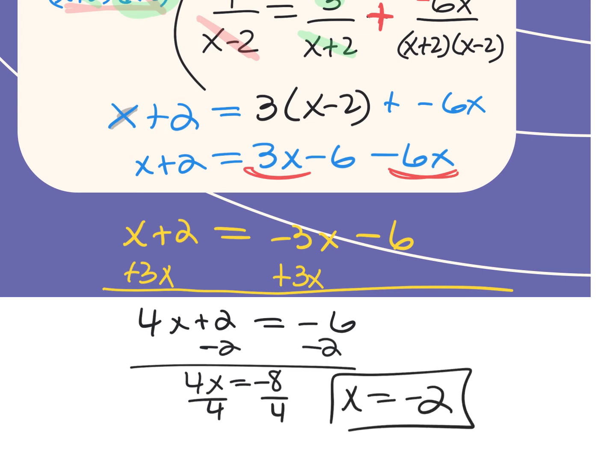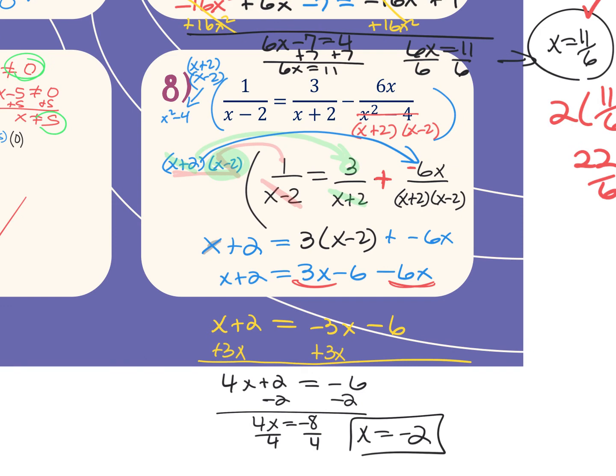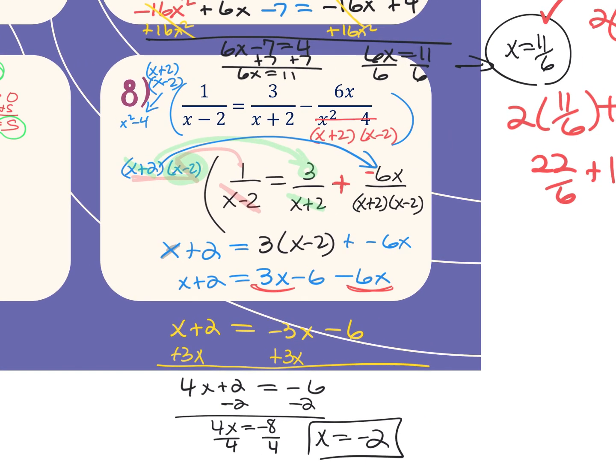I need to check it because if it makes any of the denominators 0, I'm going to throw this out and my answer is going to be no solution. So let's go back to the beginning. I need to plug it in to x minus 2 and x plus 2. So x minus 2, when I plug that in, gives me negative 4. That one's okay.